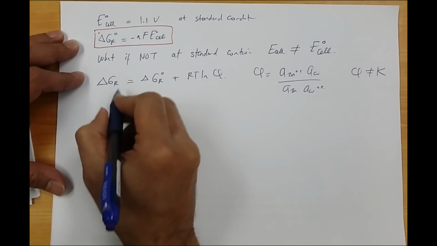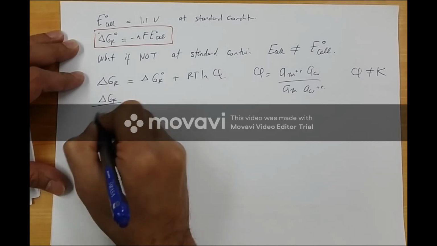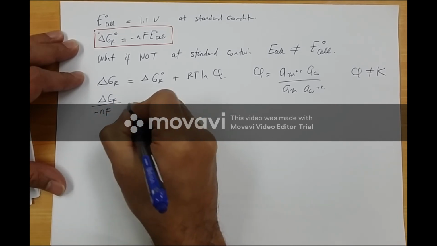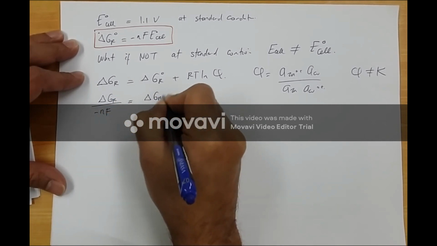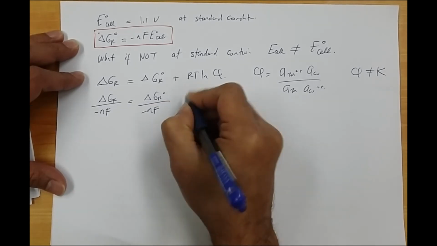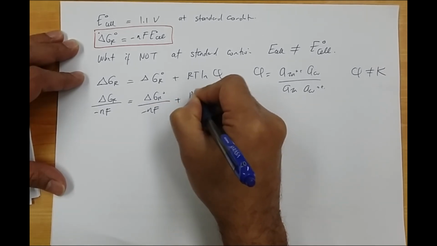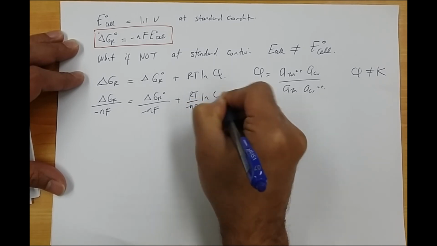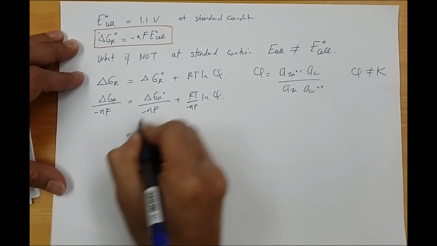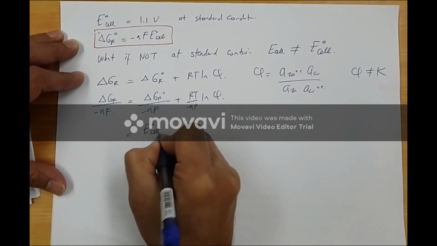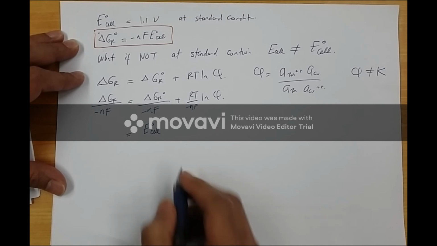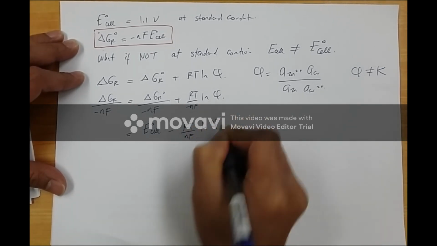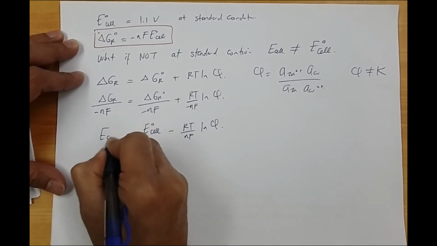So if I divide all of this by minus NF, then this will give me E naught of the cell from this term, and this will give me RT over NF ln Q, and this will give me E of the cell, right?